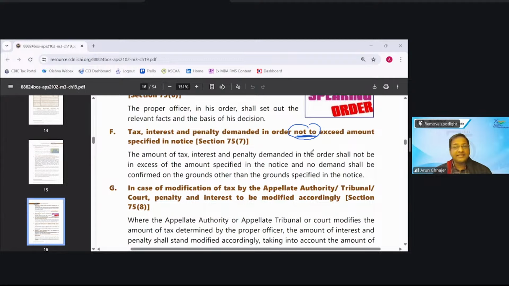The tax, interest and penalty demanded in the order shall not exceed the amount specified in the notice, and no demand shall be confirmed on any ground other than the ground specified in the notice. You cannot change the ground between the notice and the order. I am talking about the demand which has been raised by the officer against the taxpayer.